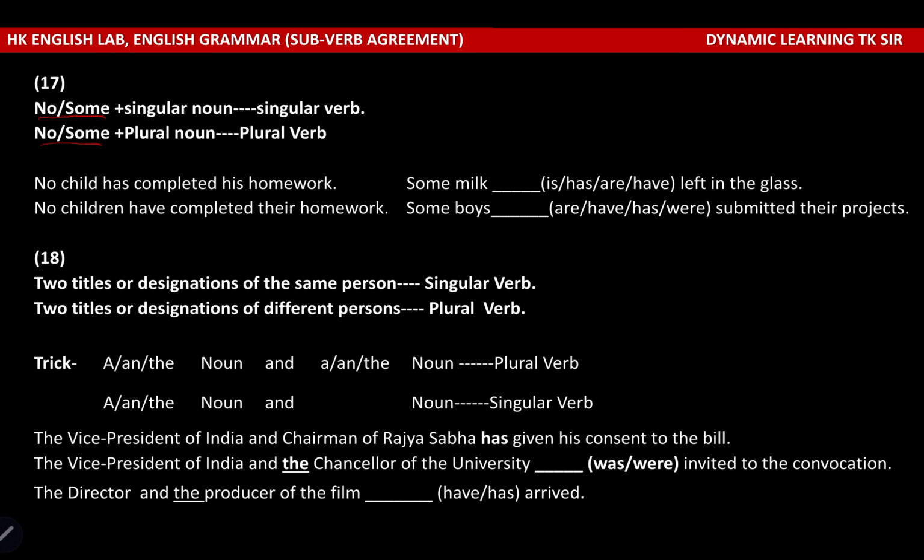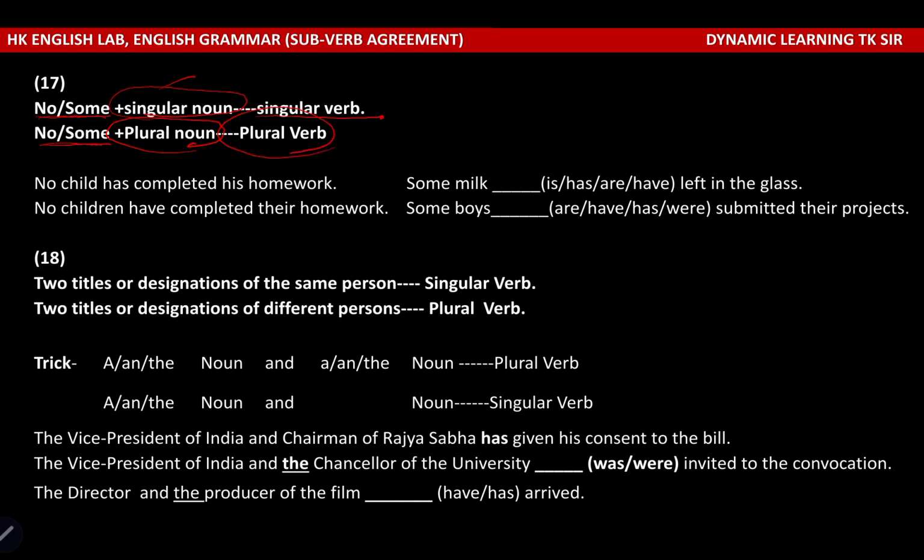If you have any uncountable noun after some, then that will be singular, means it will take a singular verb. And after some, if you have any countable plural nouns, then that will be a plural verb.